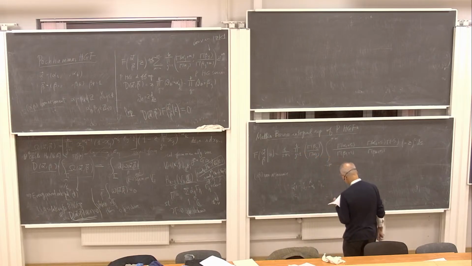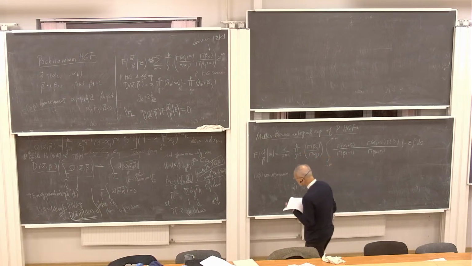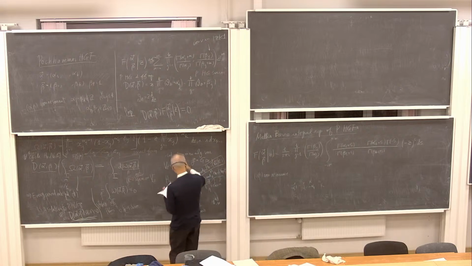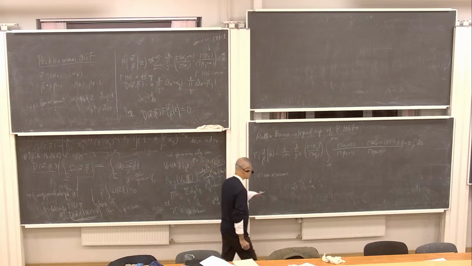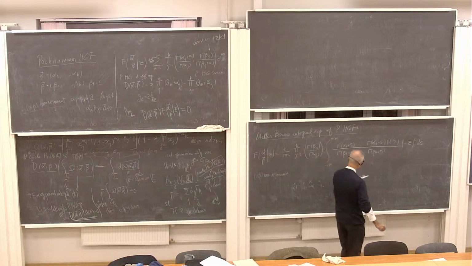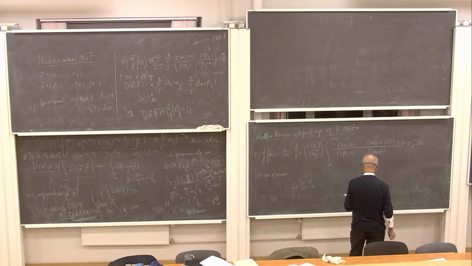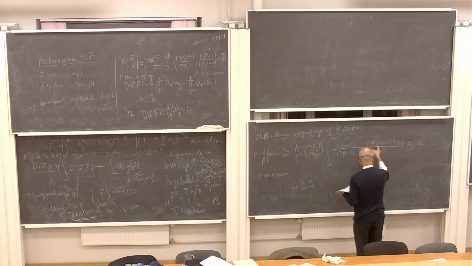In general, as we are considering periods of an algebraic variety, these alpha beta are rational numbers. If you want, you consider them to be positive, alpha 1 to alpha k, positive rational numbers.